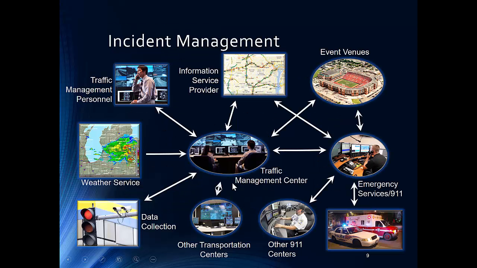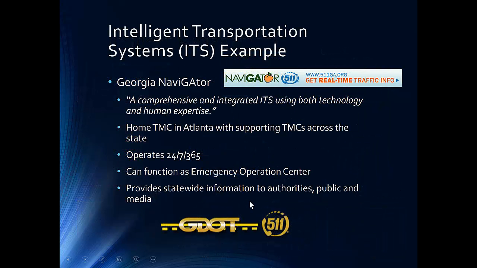One of the places where ITS began was in incident management, with the idea that when you have some disruption in capacity, it could be unplanned like a crash, it could be planned like a major event. We need to use our resources to actively manage that and to try to restore capacity as quickly as possible. There are systems out there that are great examples.